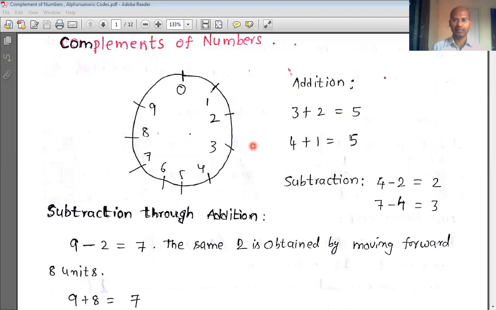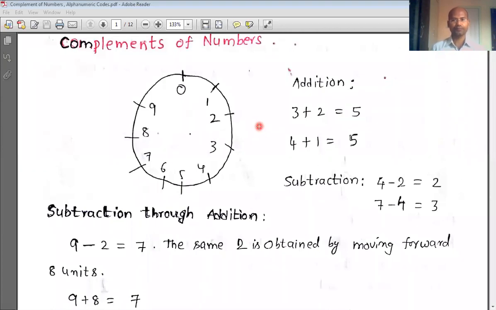In digital circuits, we can build circuits for addition. If you want to carry out subtraction, we can also build circuits for subtraction, but it is not necessary. We can carry out subtraction with the help of an addition circuit plus some simple additional circuitry, and that is the motivation for complements of numbers.